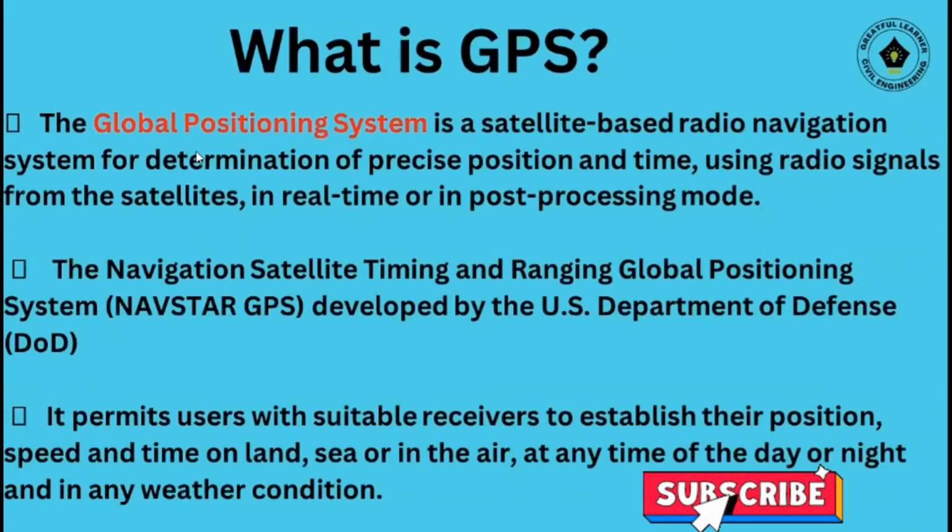The Global Positioning System is a satellite-based radio navigation system for determination of precise position and time, using radio signals from satellites in real time or in post-processing mode. Navstar, the Navigation Satellite Timing and Ranging Global Positioning System, was developed by the US Department of Defense and permits suitable receivers to establish their position, speed and time on land, sea or in the air at any time of day or night and in any weather condition. These are what GPS is, its use, the benefits of usage, and where to use GPS.